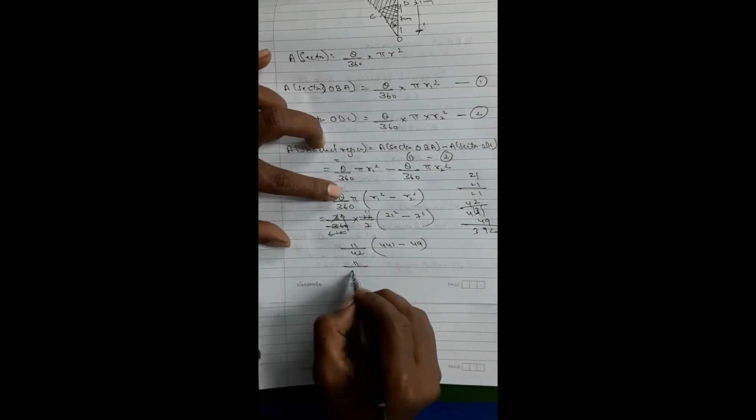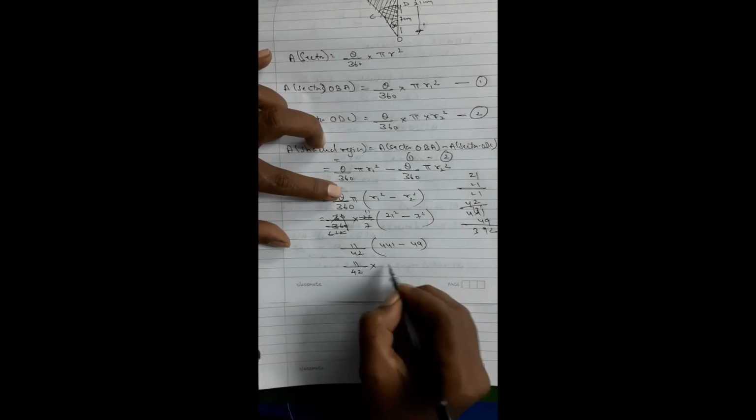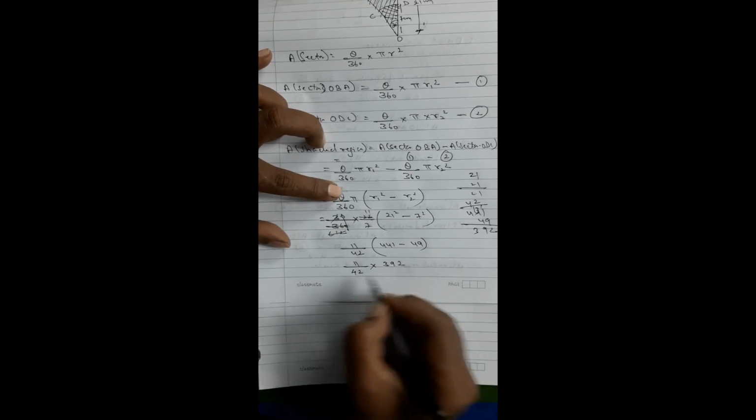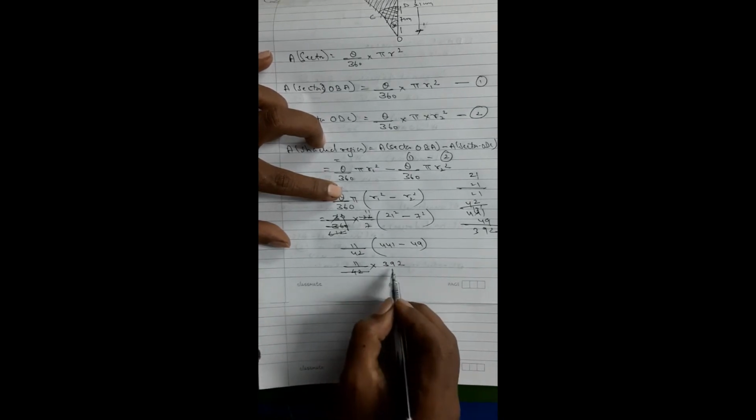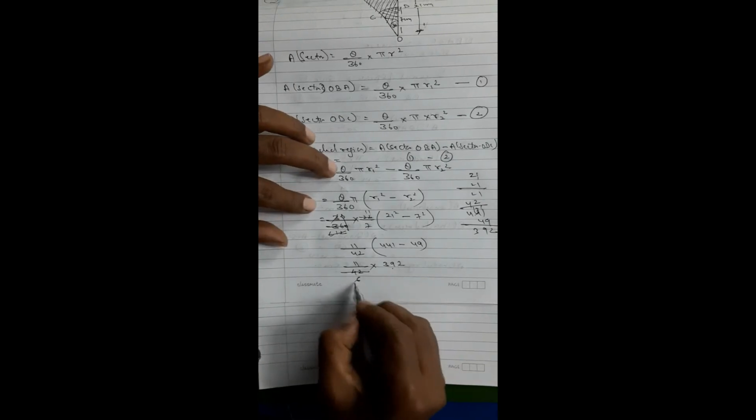Okay, 392, 11 upon 42 into 392. 7, 6 are 42.